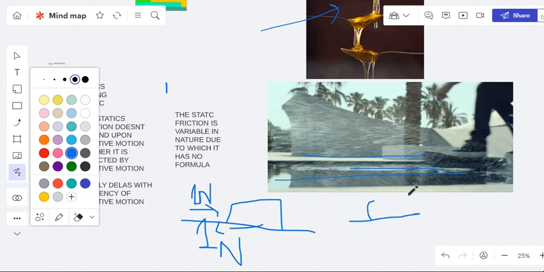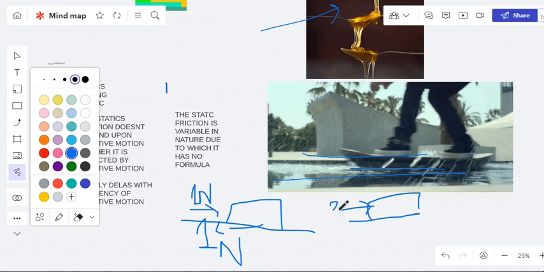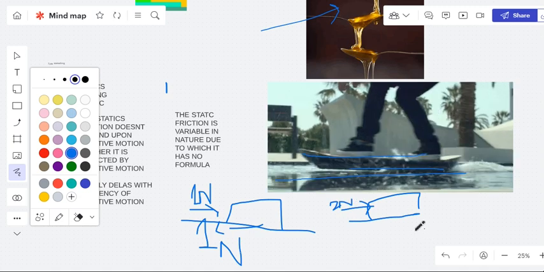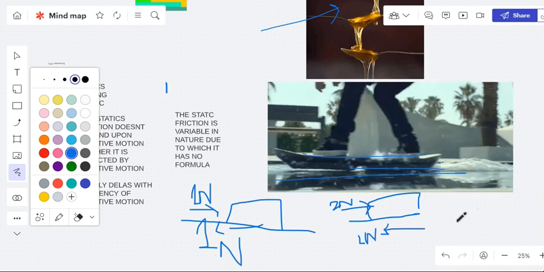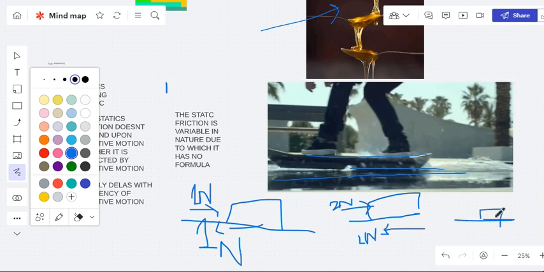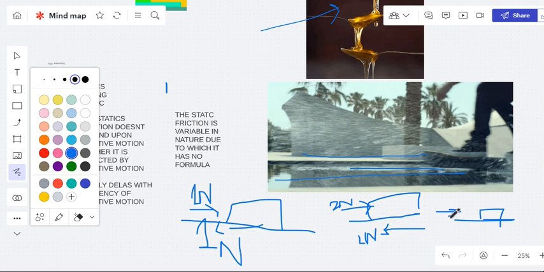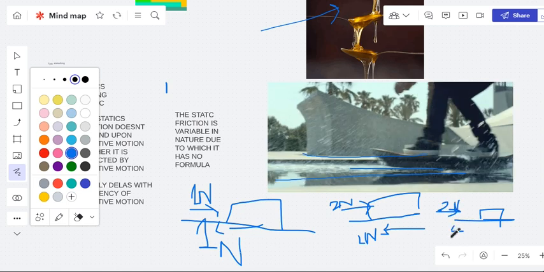For a while, consider now I have applied 2 Newton force. The same 2 Newton force is acting in the opposite direction again. Now I applied a 3 Newton force. So the same 3 Newton force is acting in the opposite direction as well.